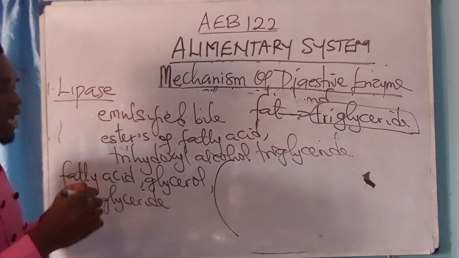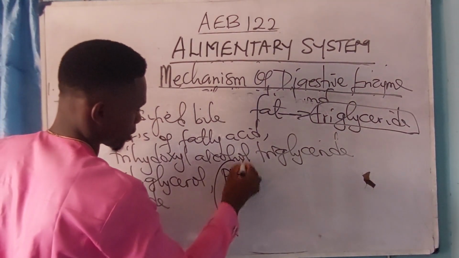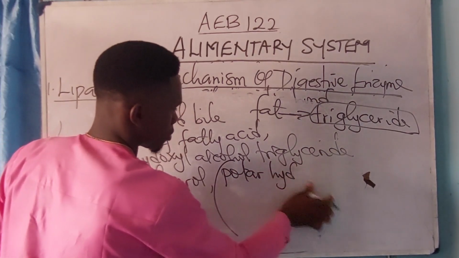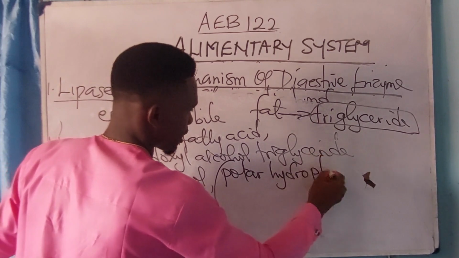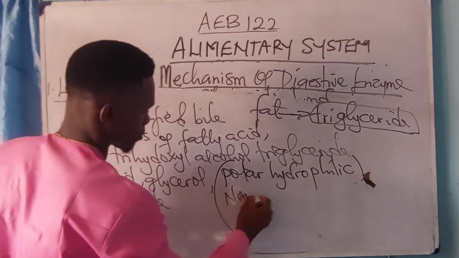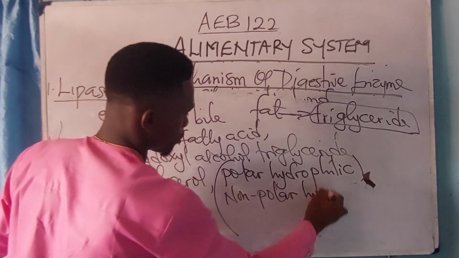Fat has two regions: the polar hydrophilic region and the non-polar hydrophobic region.